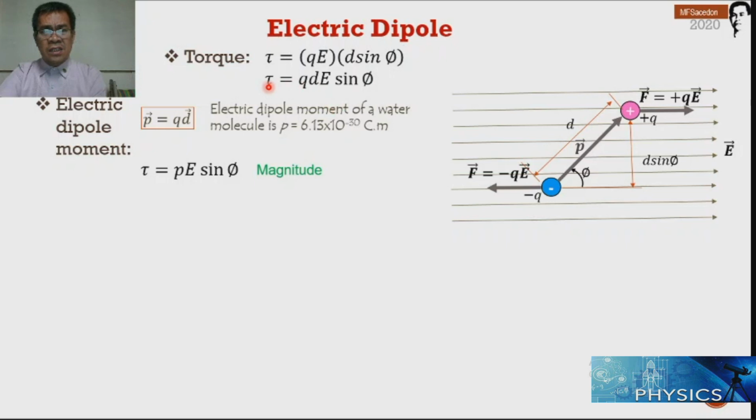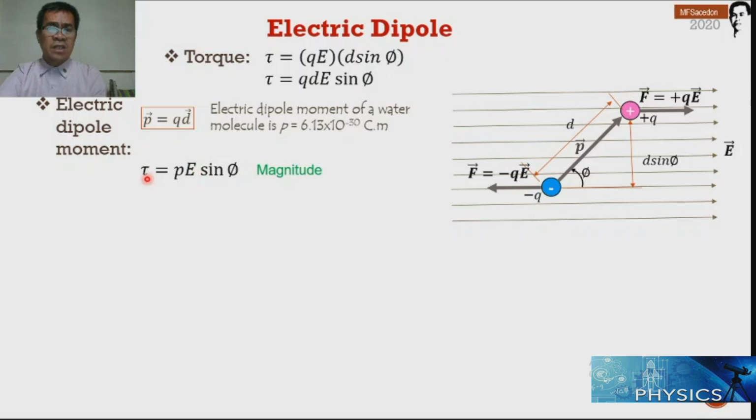So, looking at this statement, the torque is QD E sine P. QD is the electric dipole moment, so we can replace this with the dipole moment, resulting in the magnitude of the torque as the dipole moment times electric field times sine of the angle P, which is the angle between these two vectors.